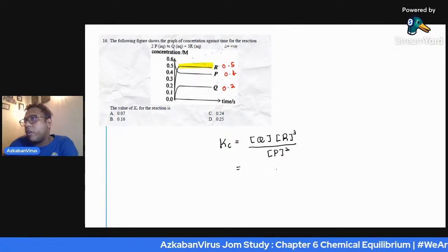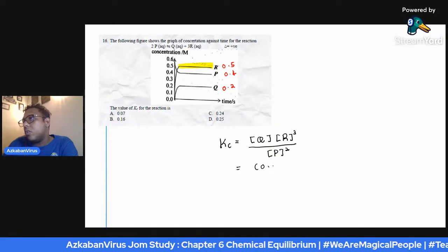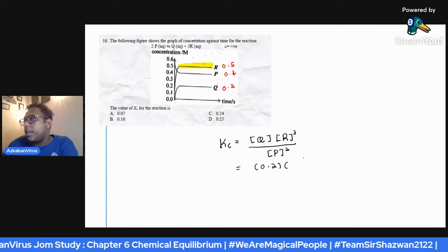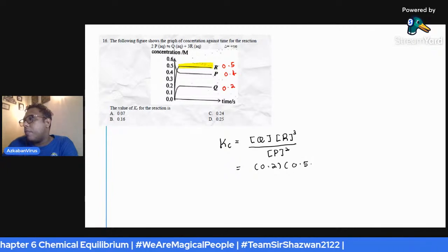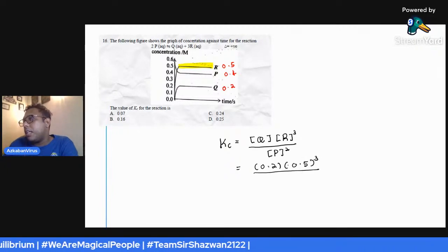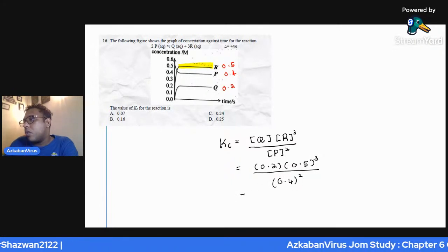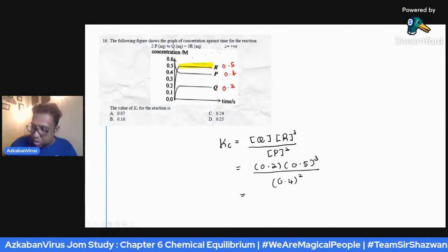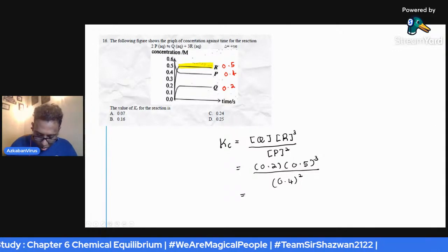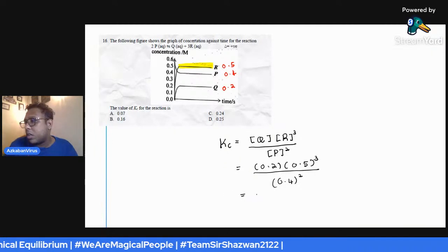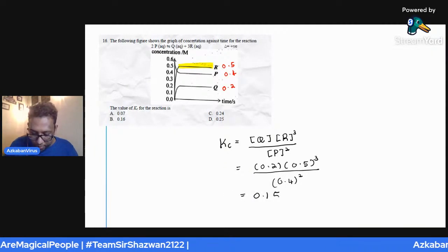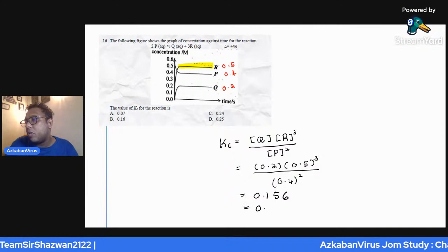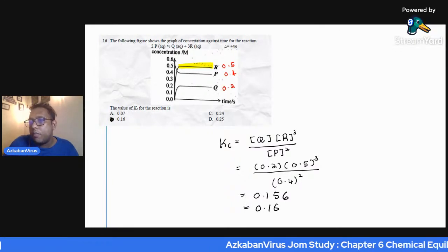Masuk je value at equilibrium, Q kita adalah 0.2, R kita adalah 0.5 to the power of 3 bahagi P kita adalah 0.4 to the power of 2. This is equal to 0.156. Approximately 0.16. So jawapan dia adalah B.